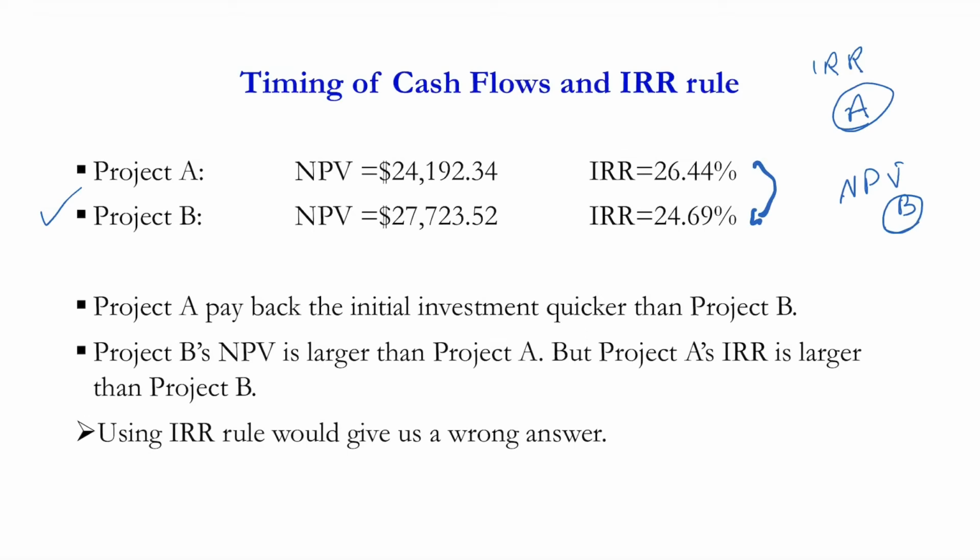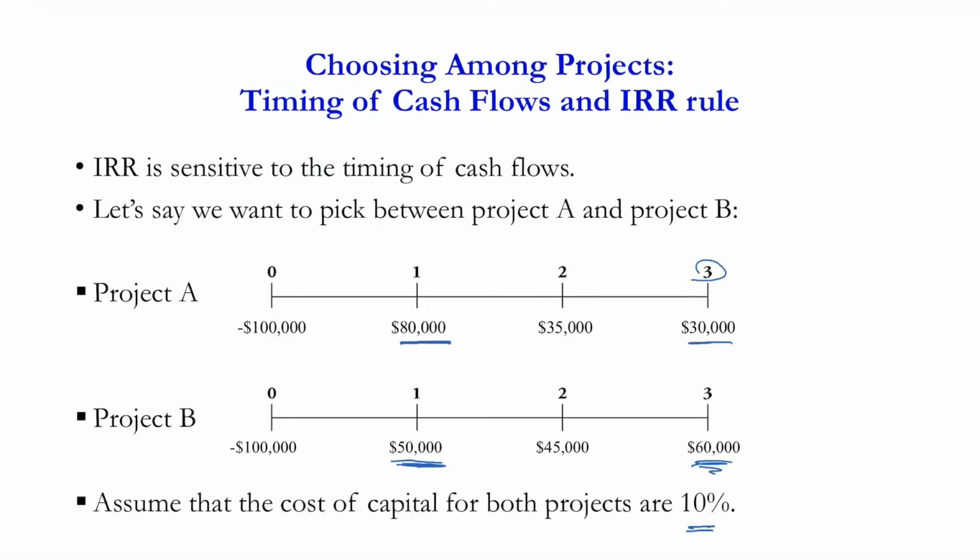Here's a description of why this is happening. Project A pays back the initial investment quicker than project B. You can see that we have larger cash flows upfront for project A versus project B, and then project B has some larger cash flows at the end of the life of the project. This is what I was talking about: the sensitivity of IRR to the timing of cash flows.